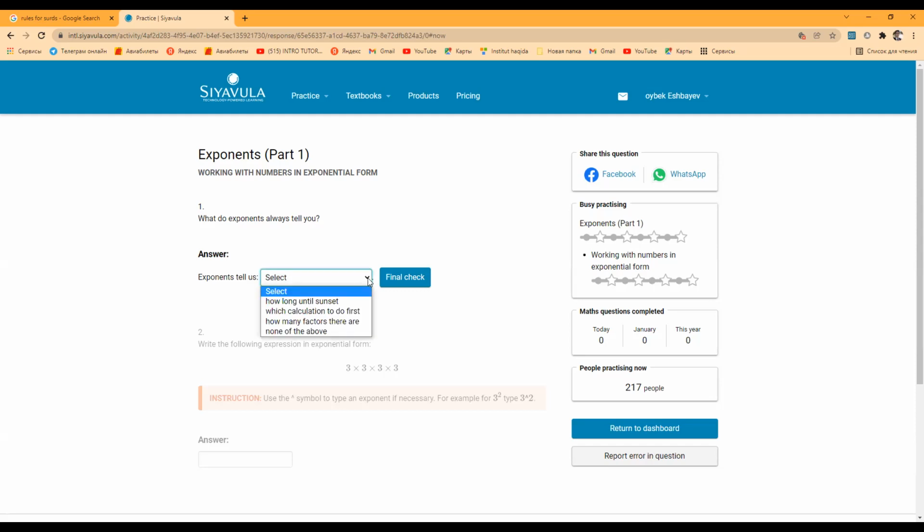For example, how long until sunset, or which calculation to do first. You can check, and you can also find this kind of problems on Facebook and WhatsApp as well.